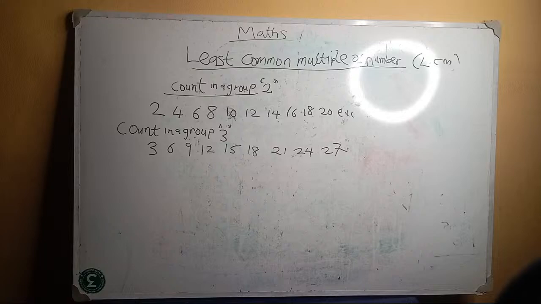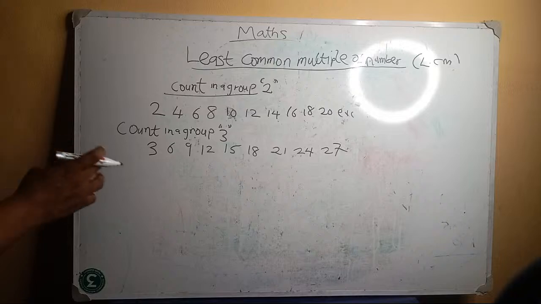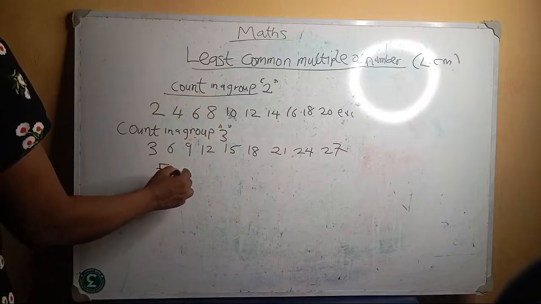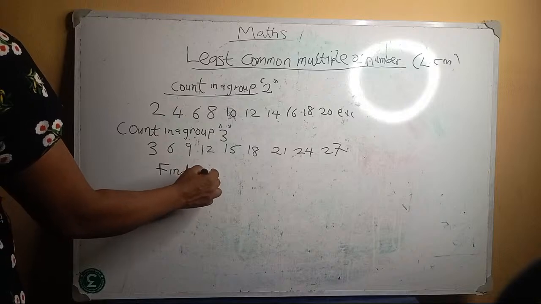Now, with the ones in a group of two and in a group of three, I'll ask you to find the common multiple of these two.